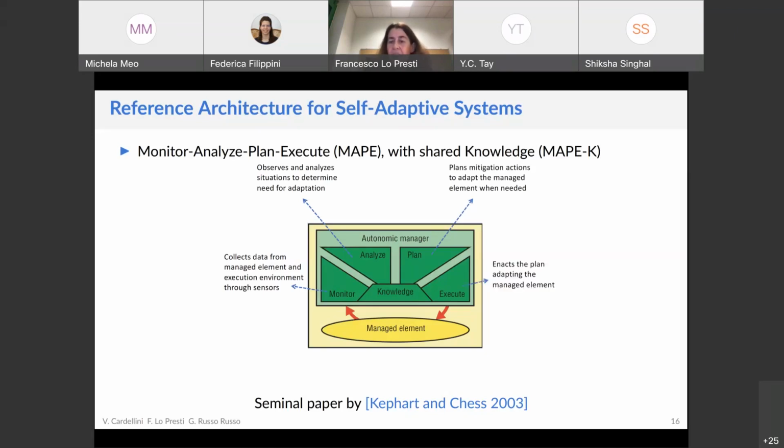And finally, you have the execute component that is in charge of enacting the plan and adapting the managed system through effectors. And as I said before, you can have a shared knowledge that keeps relevant information about the managed system, the environment, and performance management goals.